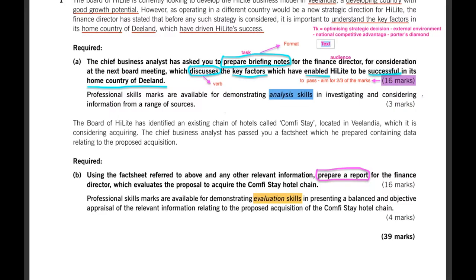So what you have is factors, what else do you have? Factor conditions, you have supporting, what else that you may have?